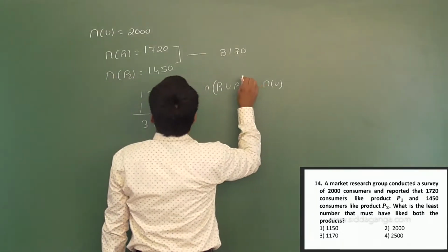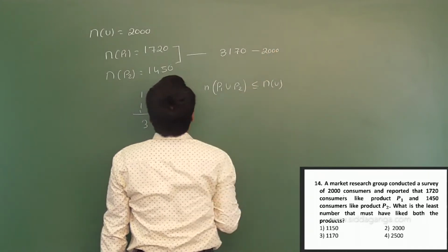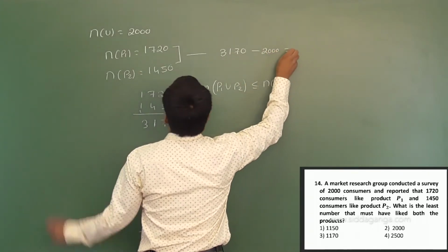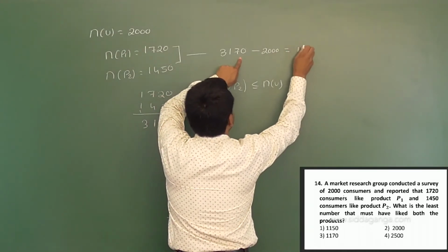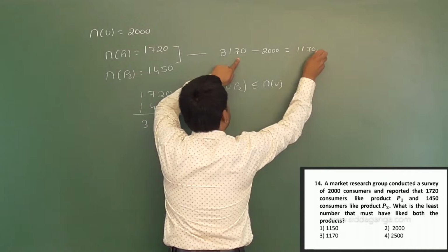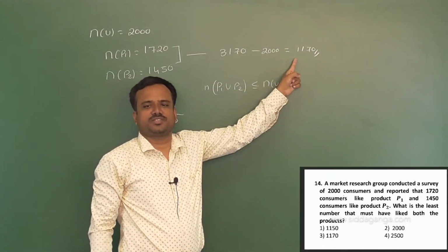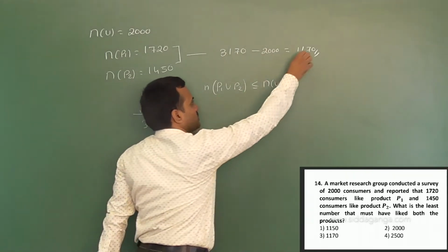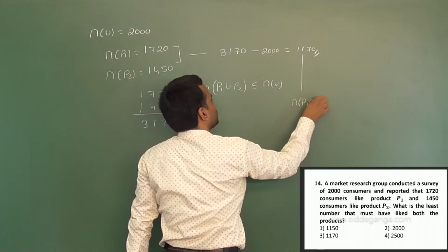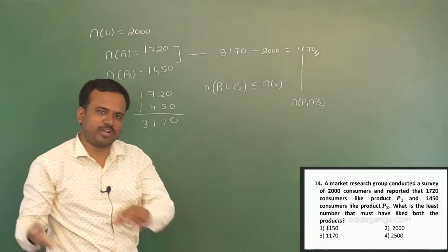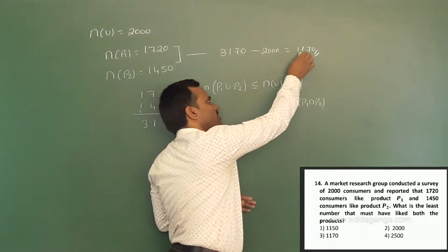By seeing this condition, I subtract 2000. 3170 minus 2000 means 1170. This is nothing but the common elements, so this is nothing but N of P1 intersection P2. If you solve what we discussed in the theory class, the same type, we get the same result.